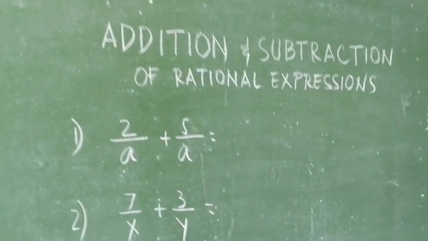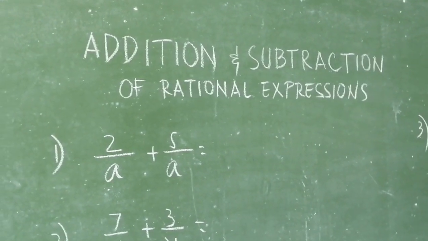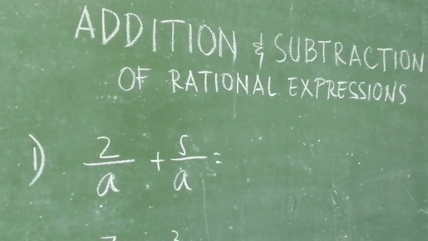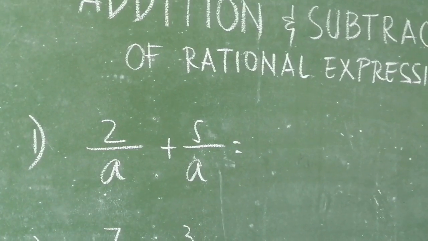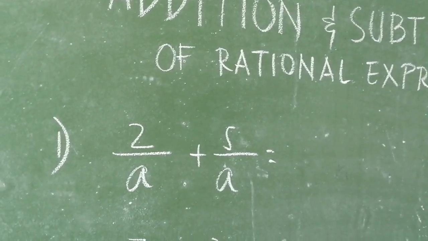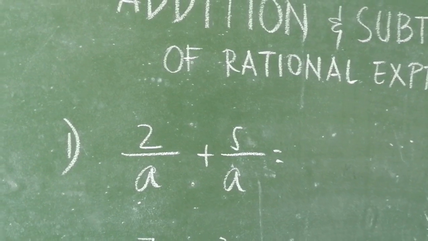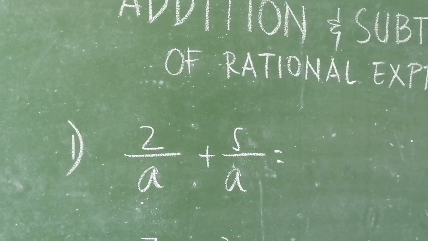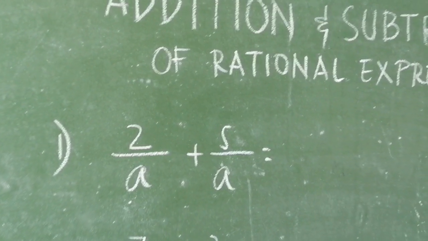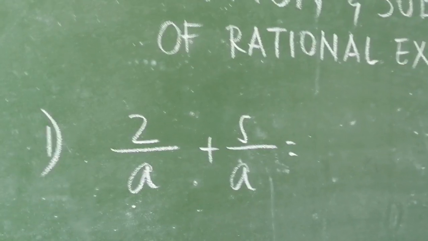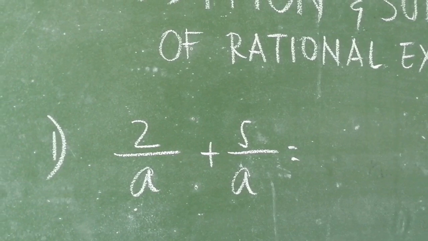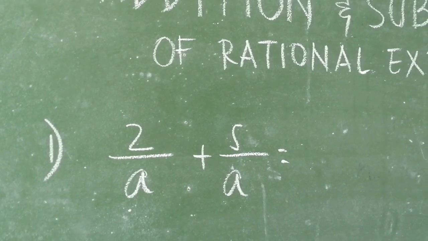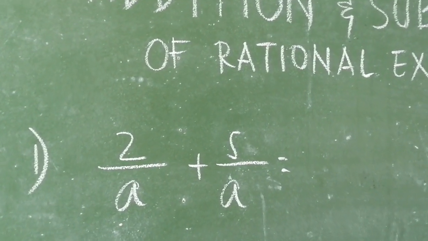So shall we start with the following examples? Shall we do number 1 here? Number 1 is 2 over a plus 5 over a. This is addition. You observe the denominator, are they the same? Yes, they are the same. So immediately you can add this.